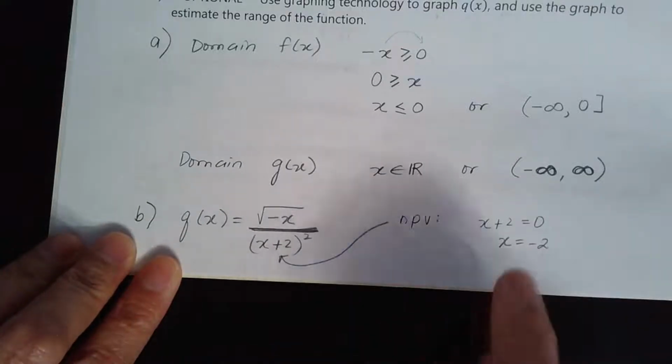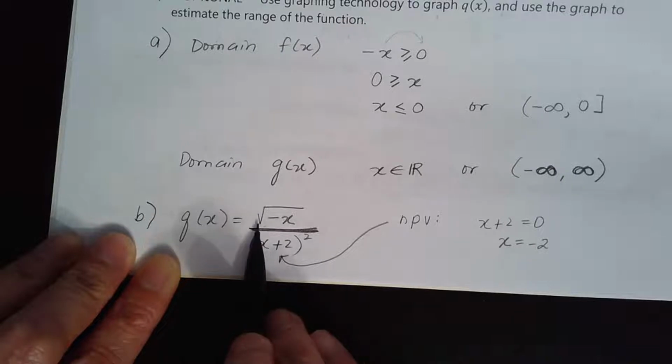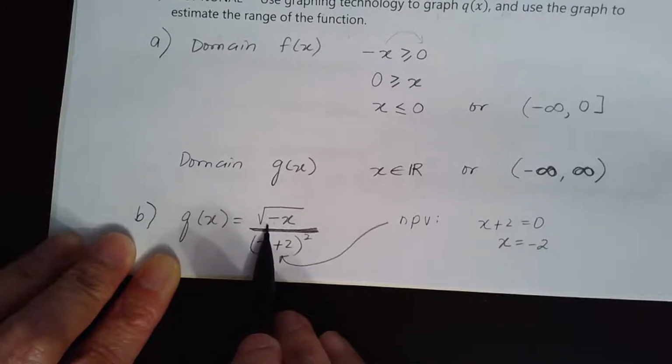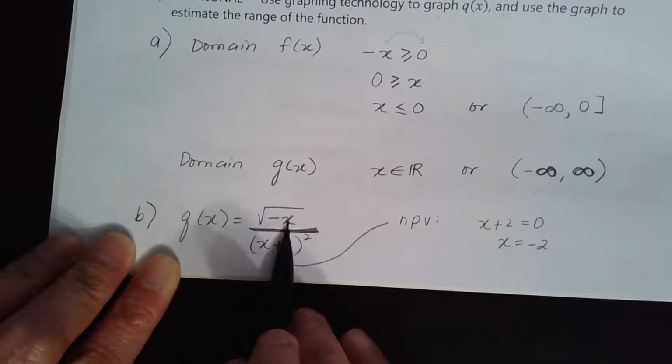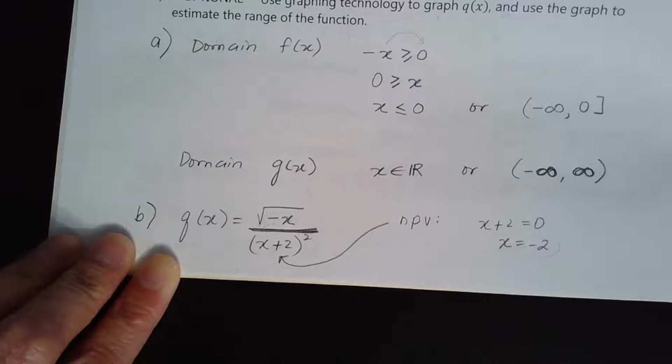Having set a value for x, the numerator is also limited. It's limited only for x less than or equal to 0. And also x cannot equal negative 2 because that's a non-permissible value.